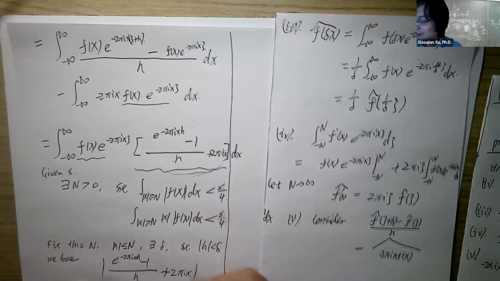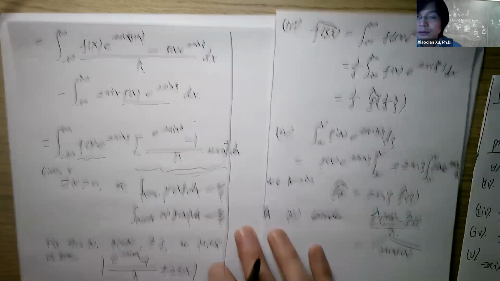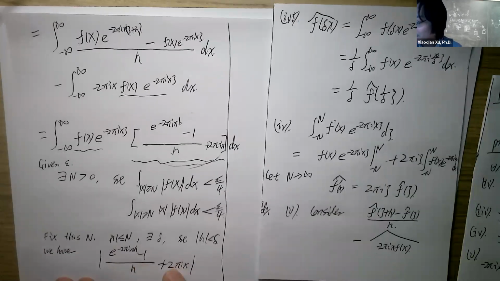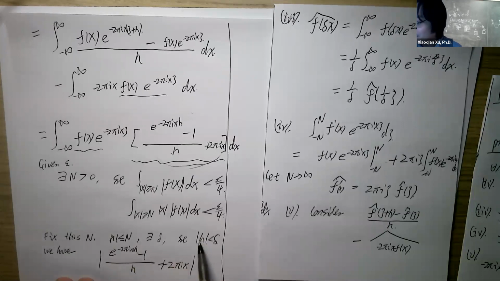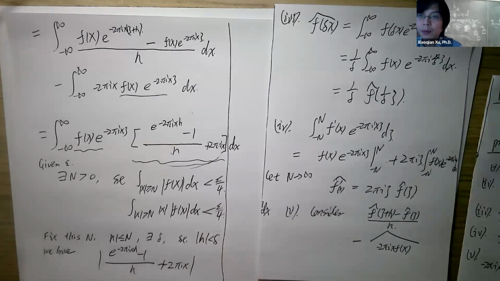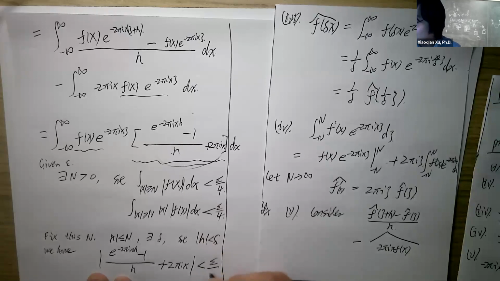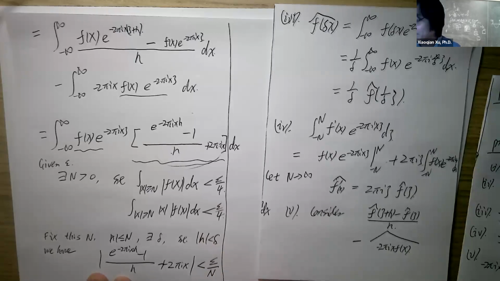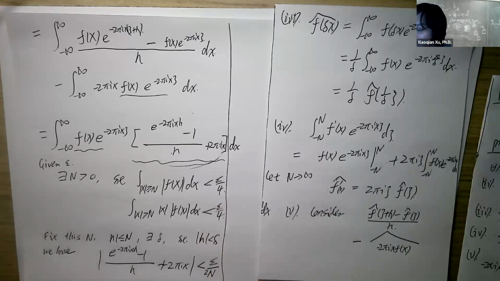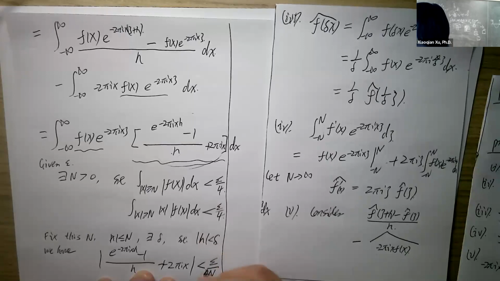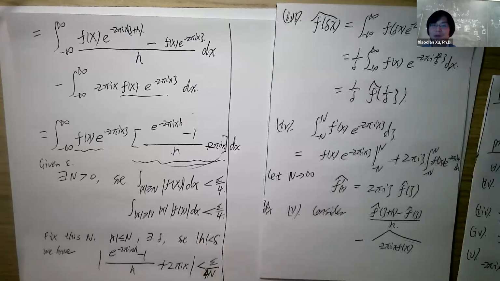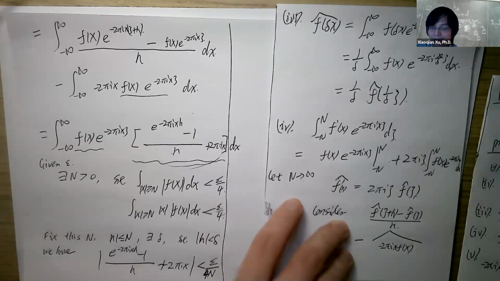By definition, this limit should equal this, right? So that means when h is not so big, for some fixed x or bounded x, this is less than epsilon over 4n. Is that clear?